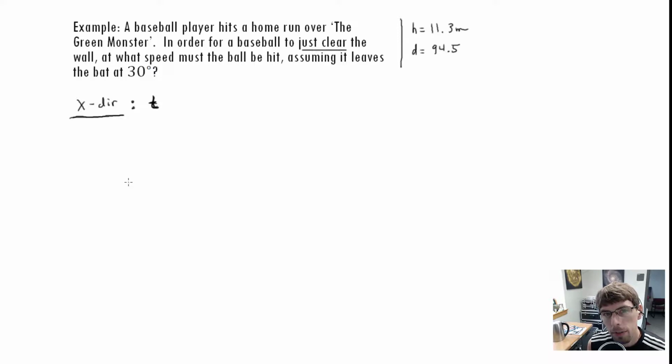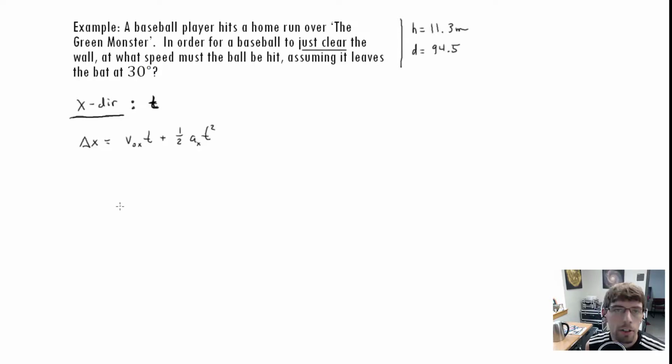Now, unlike your previous example, here we're going to have to actually substitute and solve two equations simultaneously. So you have to work in variables here because you're not going to have all of the numbers you need. So I'm going to start off with the one that we know and love. Delta x is equal to v naught in the x direction t plus 1/2 a in the x direction t squared.